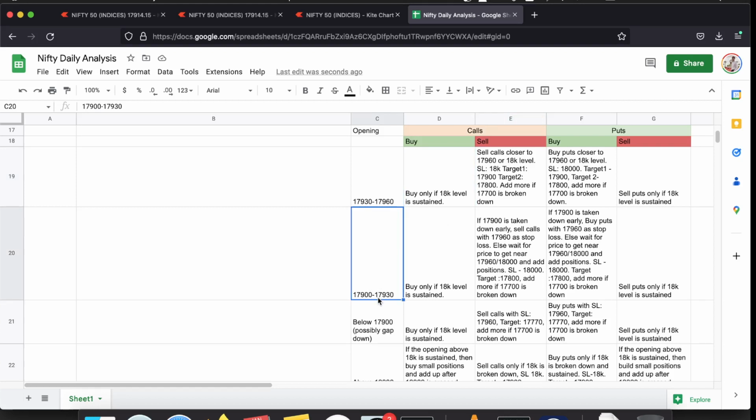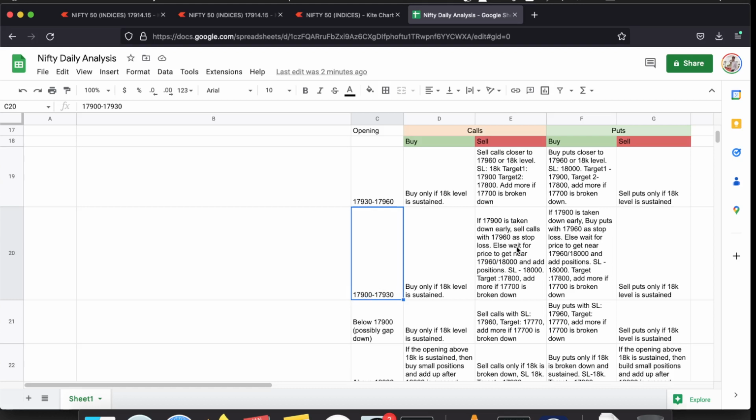And if Nifty opens between 17,900 to 17,930, even then, like I said, unless the 18K level is broken, don't initiate any longs. Wait for the price action.